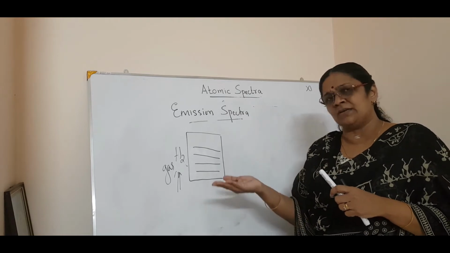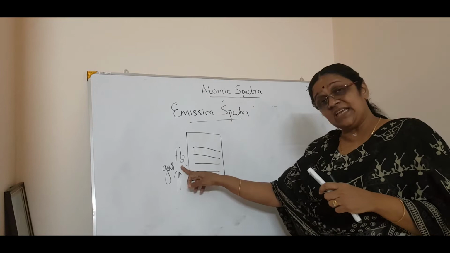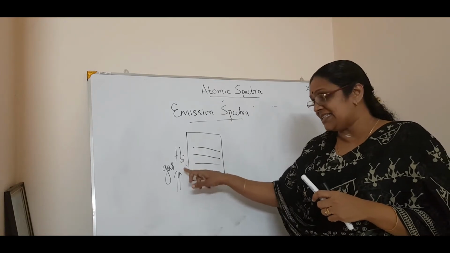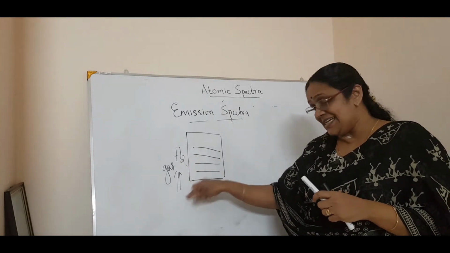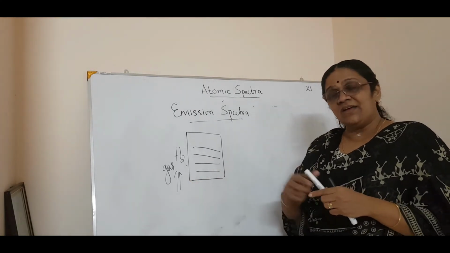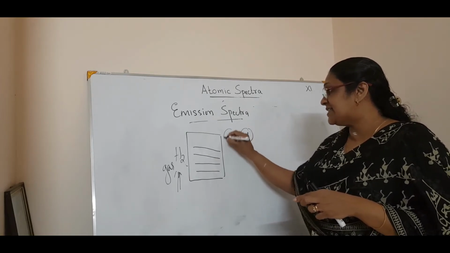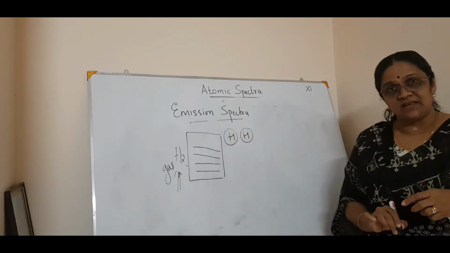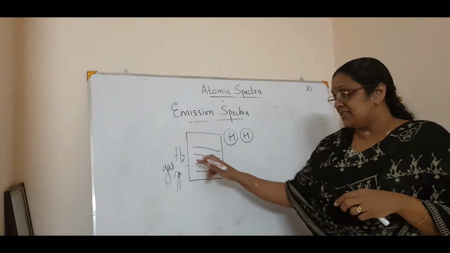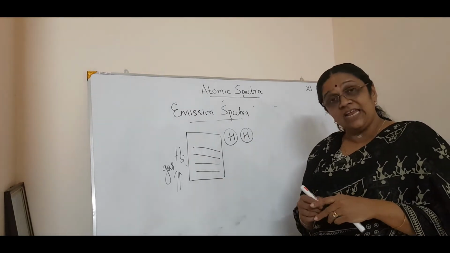What we have said in the emission spectra, say, but hydrogen gas. So when hydrogen gas is heated or irradiated, what happens? This will get excited, and the hydrogen molecule will form atoms. It gets dissociated to form atoms because it is atomic spectra, isn't it? This is a molecule. Now it gets excited to atoms, and then it will emit.